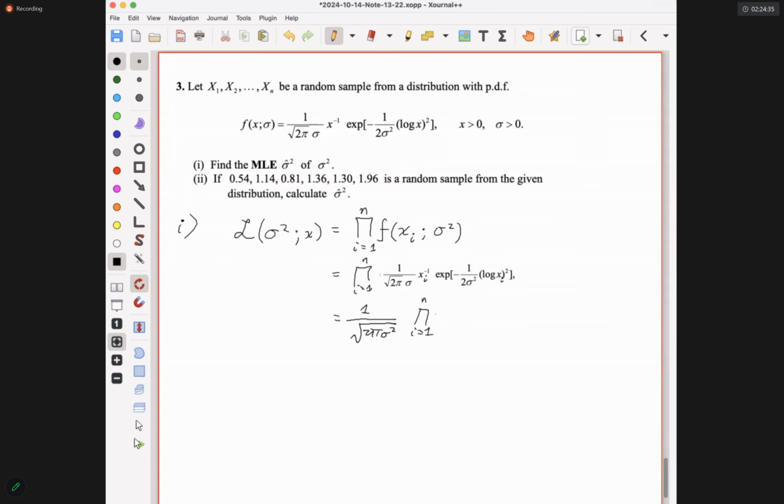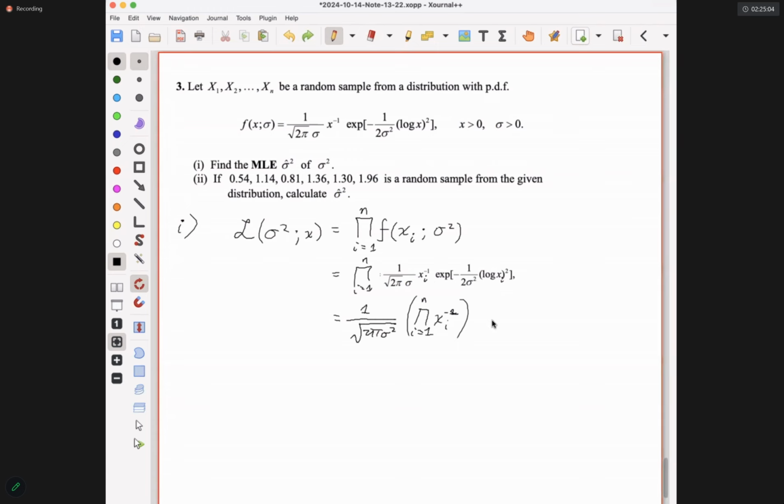And so then this is the product of xi to the negative first. And if we're taking the product of the exponential, remember that this is the exponential of the sum of these things.